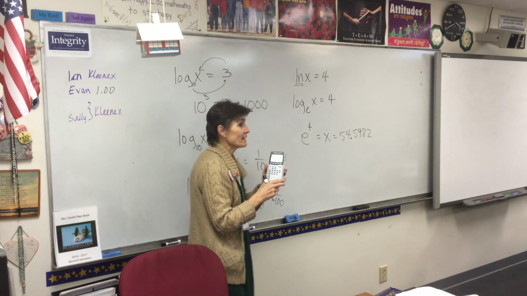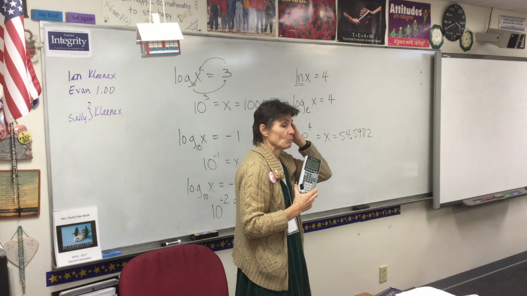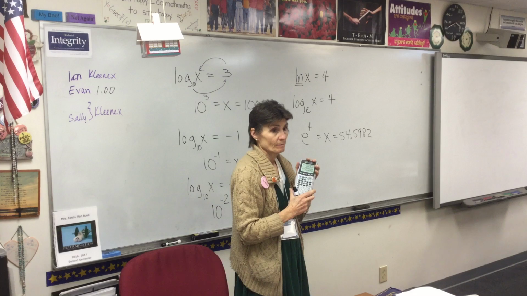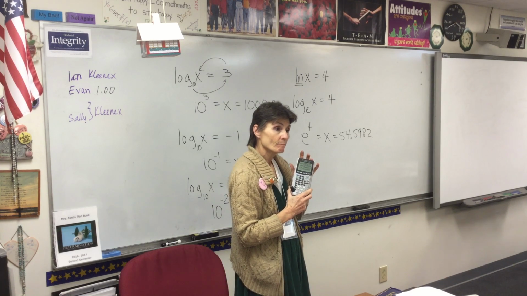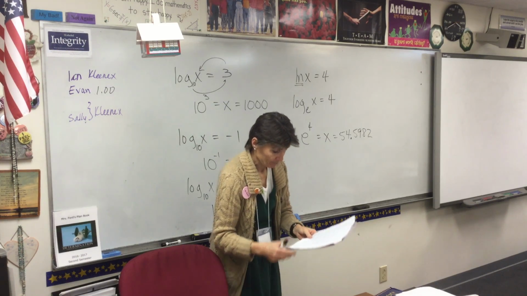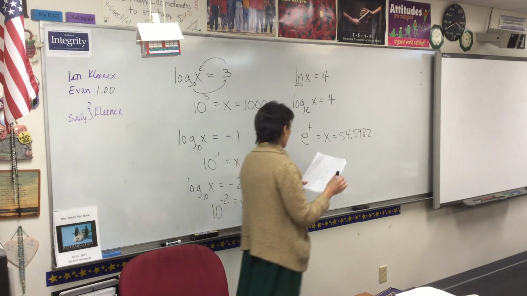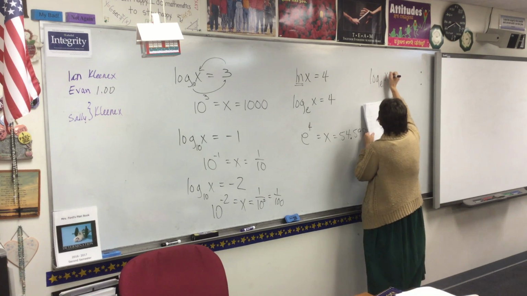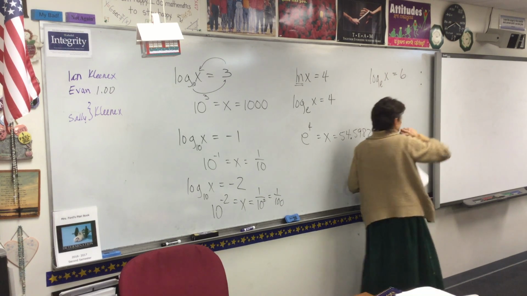So if we need a power of E, where do we get it? Second ln. Do we always have to round to the nearest 10,000? No, I just am because that's what those directions said. All right, how about letter E? Log base E equals 6.